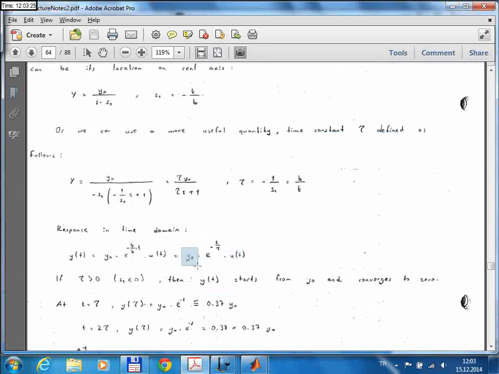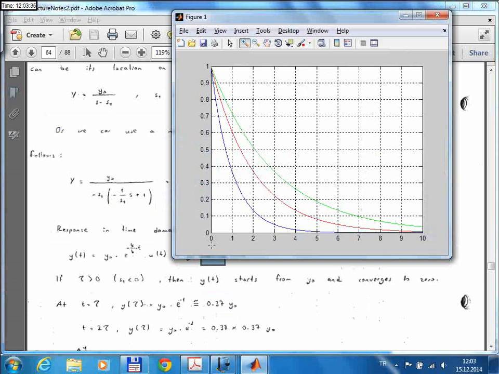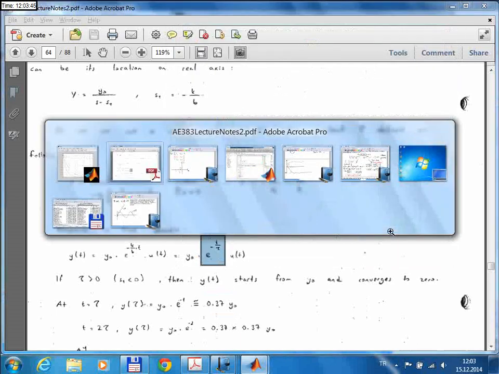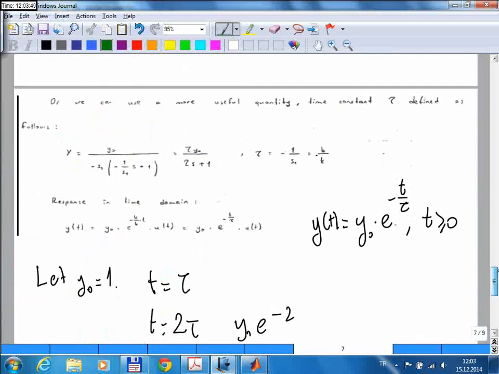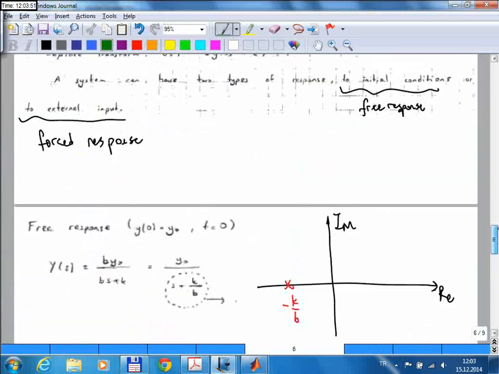So this only changes the initial condition, but the rest of the response doesn't change. It doesn't depend on the initial condition. So that means no matter where you release the system from, it will always go to the origin. And what origin is, if you think about that, the origin is the only equilibrium point of the system.